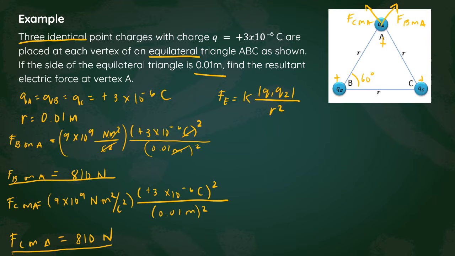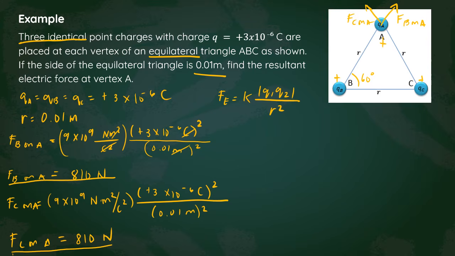So point charge B again repels point charge A. Thus, we have here the force directed right up at 60 degrees with the positive axis, which is also the same with the force exerted by QC on QA.